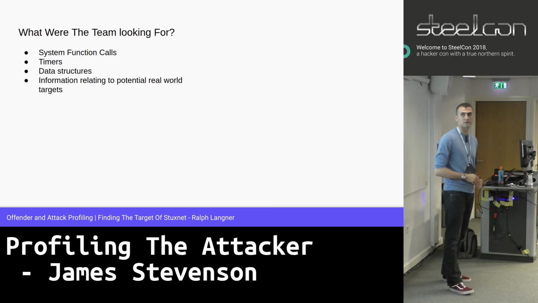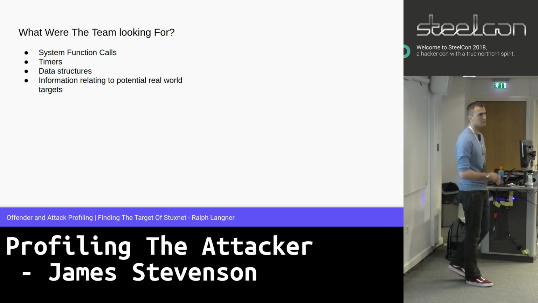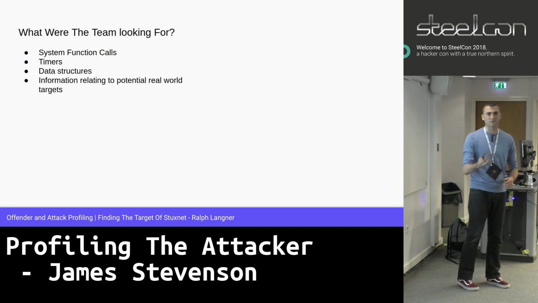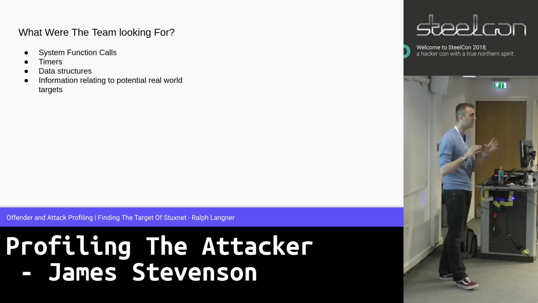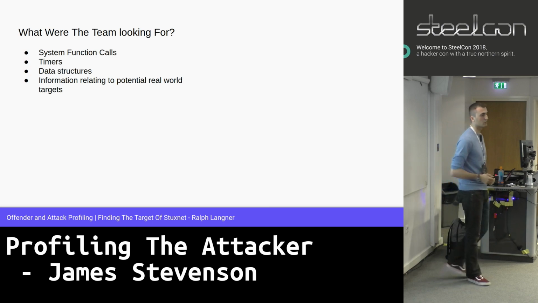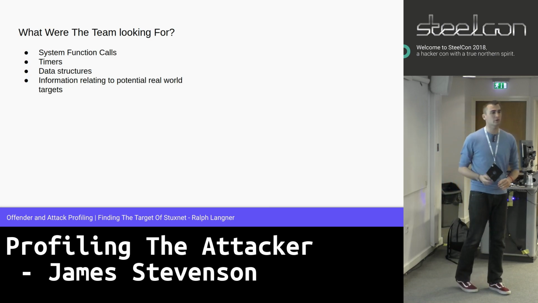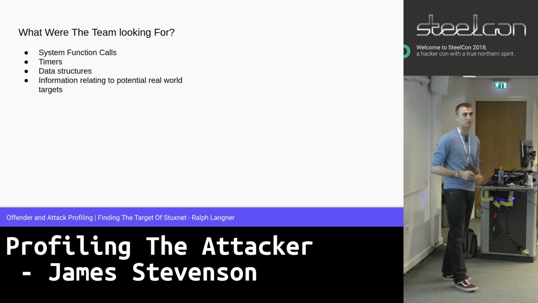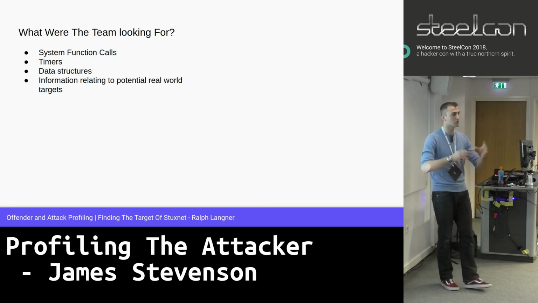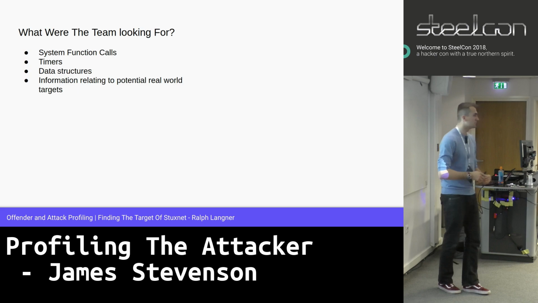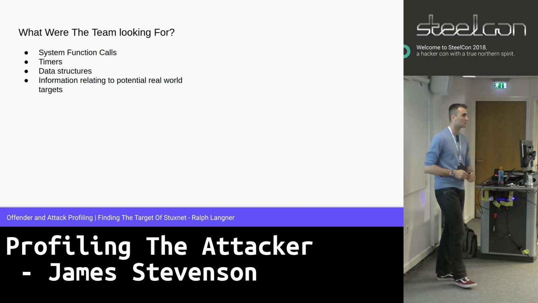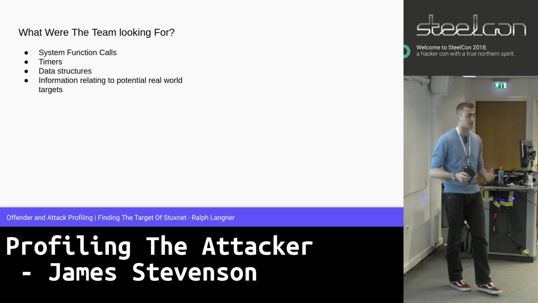They were looking for certain things, though, right? So they had the code. And they said, well, we're looking for system calls, we're looking for timers, data structures, and really anything that can link us back to that real-world target. And this is a great example of how we can use offender profiling to not just build bigger pictures on attackers, but to also build bigger pictures on targets as well, so profiling the target.